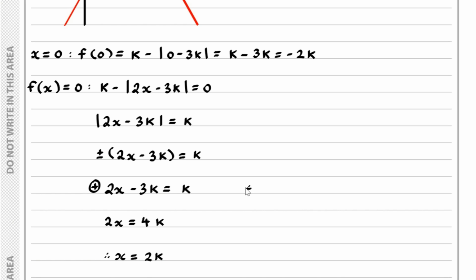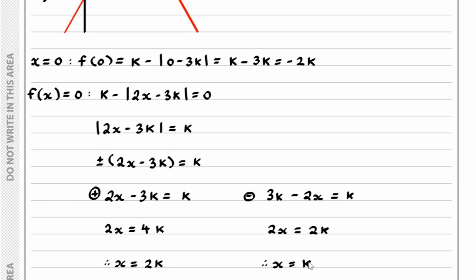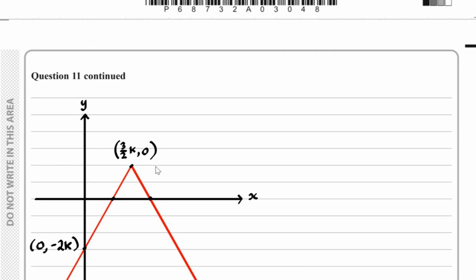And if I deal with the negative, 3k minus 2x equals k. 2x is equal to 2k. x is equal to k. So if we go back to our diagram, we can add this in.